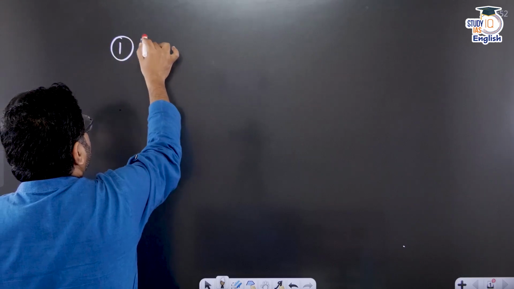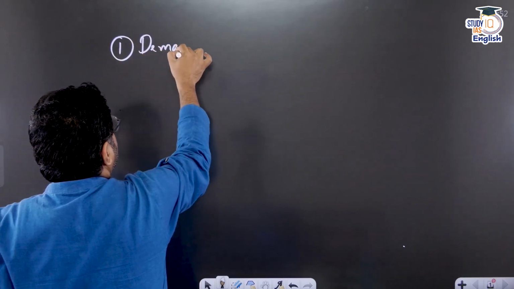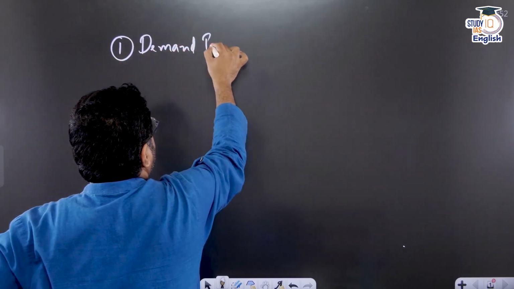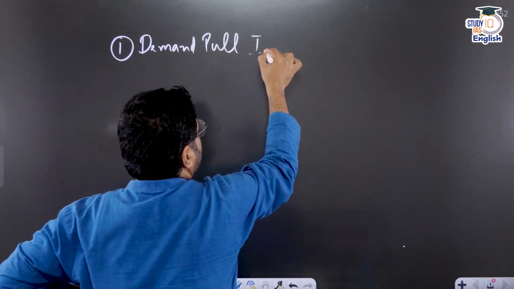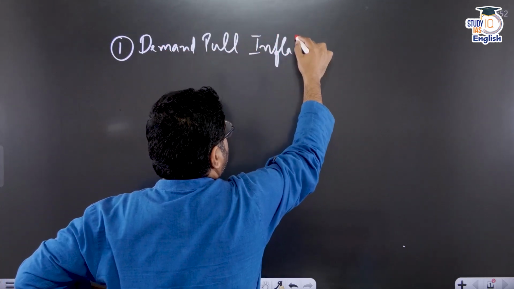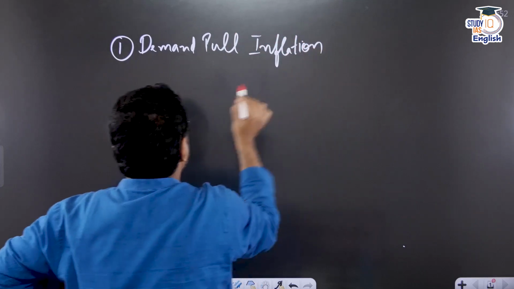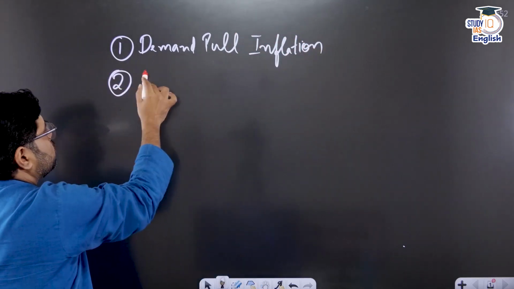One is demand pull inflation. Number two is cost push inflation.